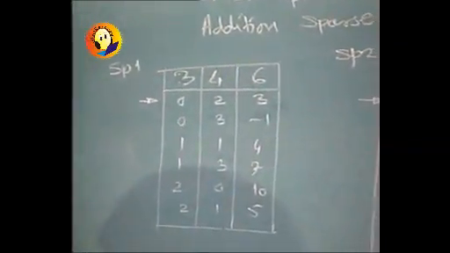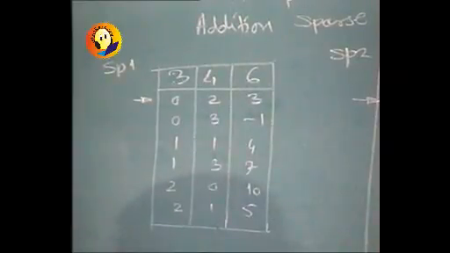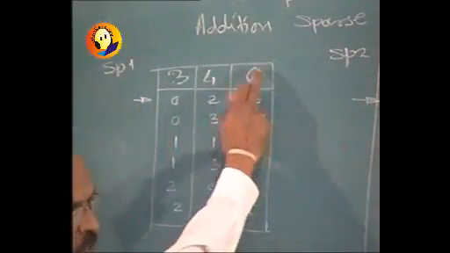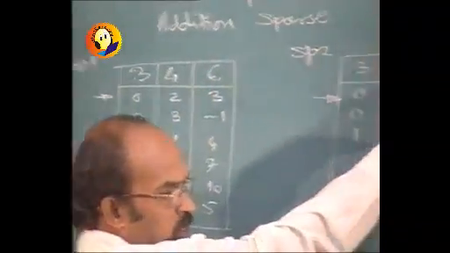You have the code. It was while K1 is less than or equal to sp1 square bracket 0 dot val and K2 is less than or equal to sp2 square bracket 0 dot val, that is 1 less than or equal to 6, and 1 less than or equal to 6, true.